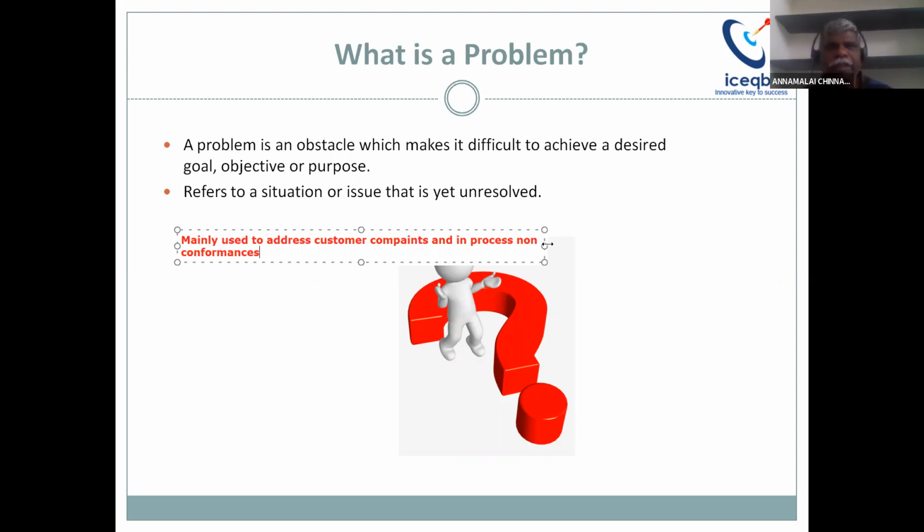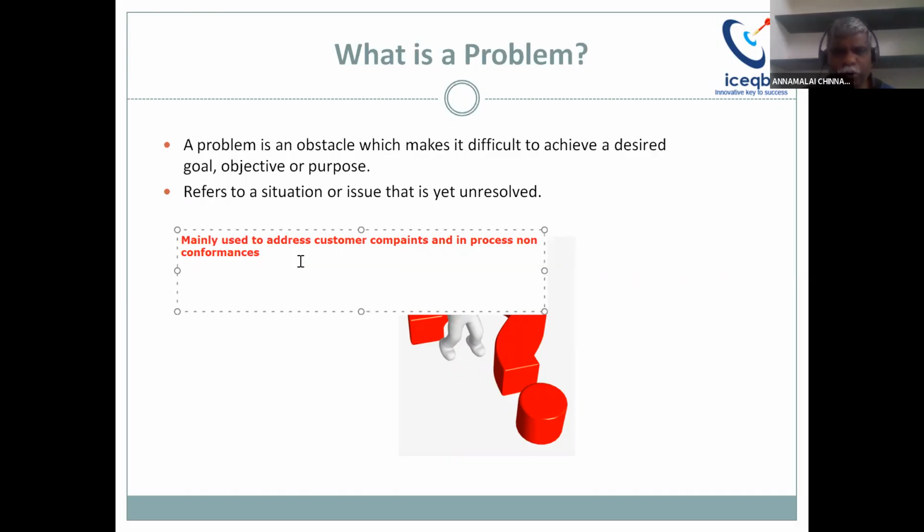So basically, there are 2 basic requirements for solving a particular problem through this 8D report. The first one is whether you are aware of the root causes of the problem. Root causes are known.